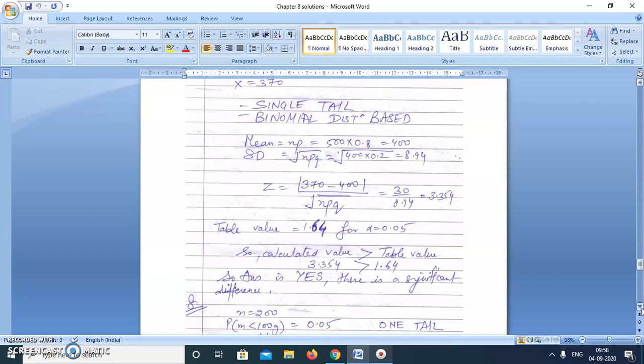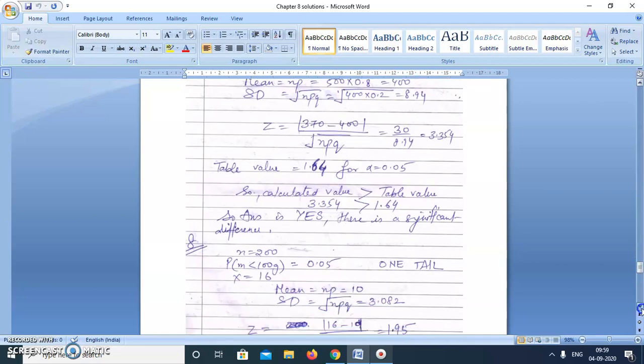Table values we see in the Z table, that is the normal distribution table, for alpha equal to 0.05. The table value is 1.64, and the calculated value is higher than the table value. So the answer is yes, there is a significant difference at 95% level.